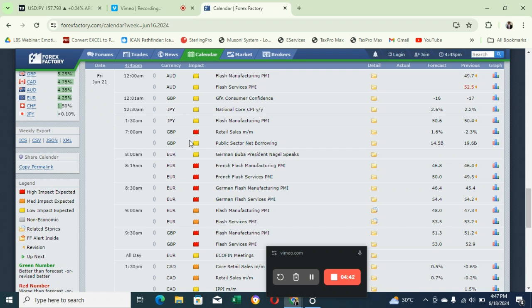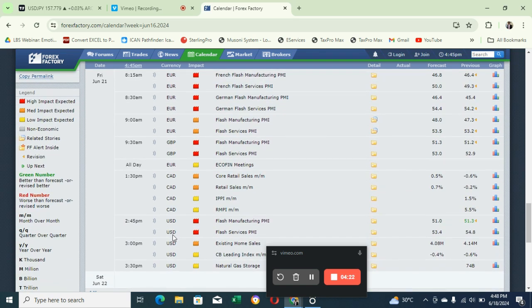By 7 a.m., GBP is going to release data on retail sales. On the same Friday there's going to be impact on euro currency pairs, and they have high impact news.